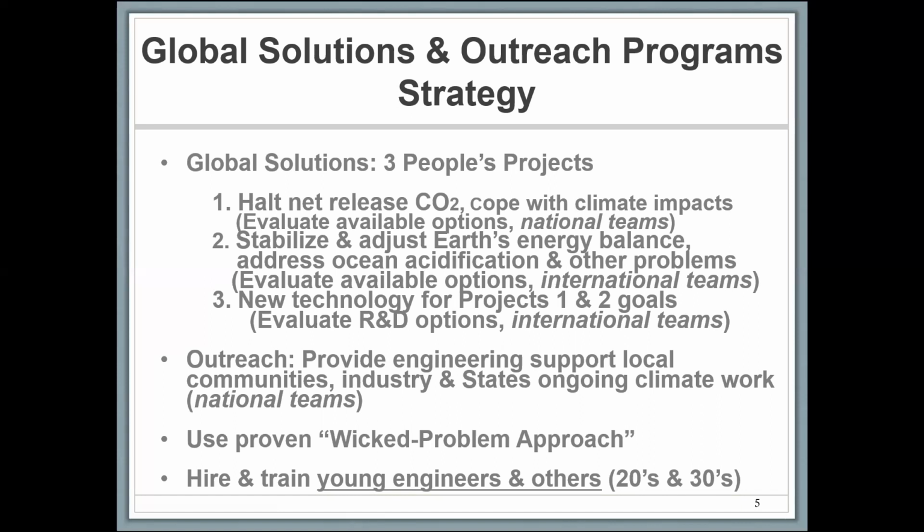Also, they are not addicted to business as usual. We propose that the U.S. initiates the Global Solutions and Outreach Program first, and then invite other nations to join the work by setting up their own Global Solutions and Outreach programs.